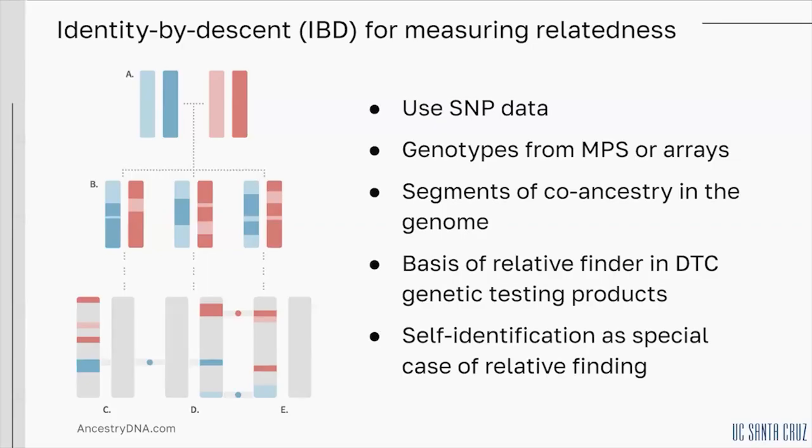And because of this, we can think of self identification as a special case of relative finding, in which we expect the compared genotype profiles to be identical across nearly all sites. So using this logic, I have developed a method for inferring the relationship between two forensic DNA samples, taking advantage of information from low coverage sequencing data and SNP genotype data.